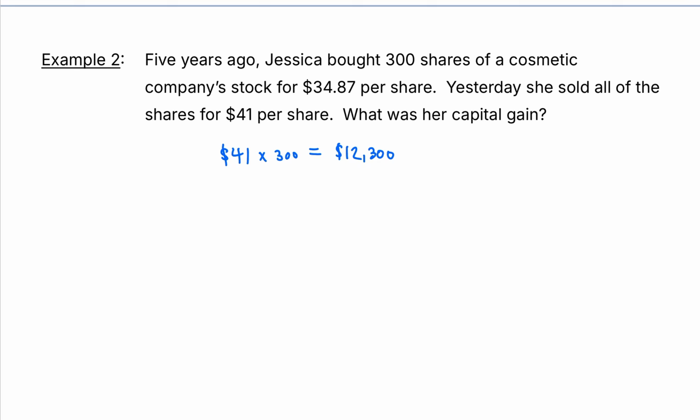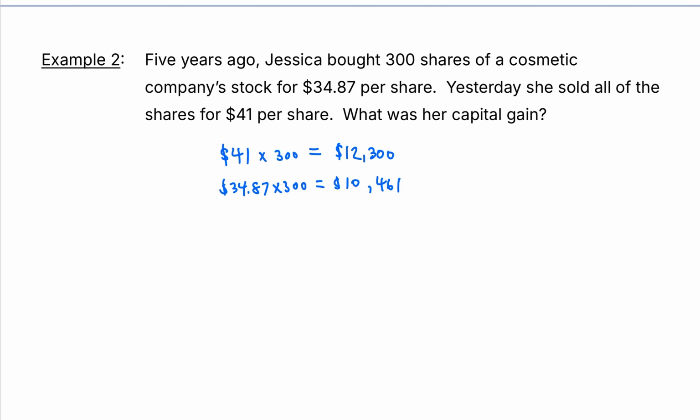All right, and the next thing we're going to calculate is how much she spent purchasing 300 shares 5 years ago. So that's going to be $34.87 times 300 shares. And punching that number into the calculator works out to $10,461.